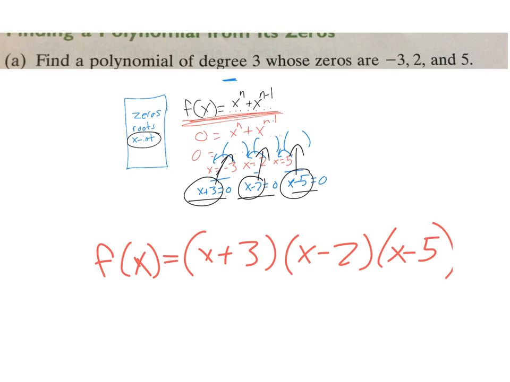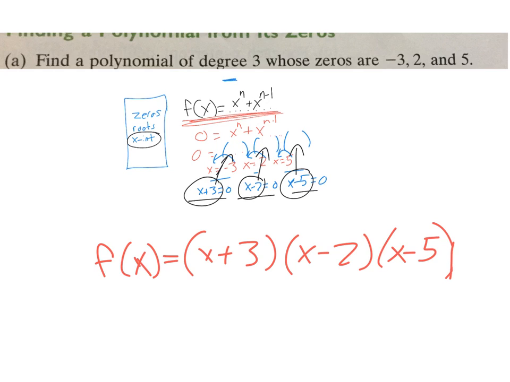That will be fine. However, the only problem I have is I need to make sure that this is a third degree polynomial. So how can I tell what the degree is the way it's currently written? You could distribute those parentheses out to find out what the degree is. And that's probably what most people will do.